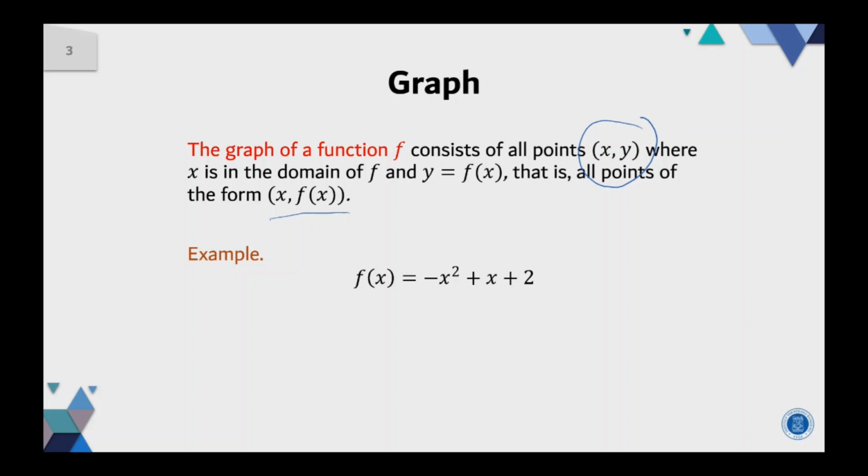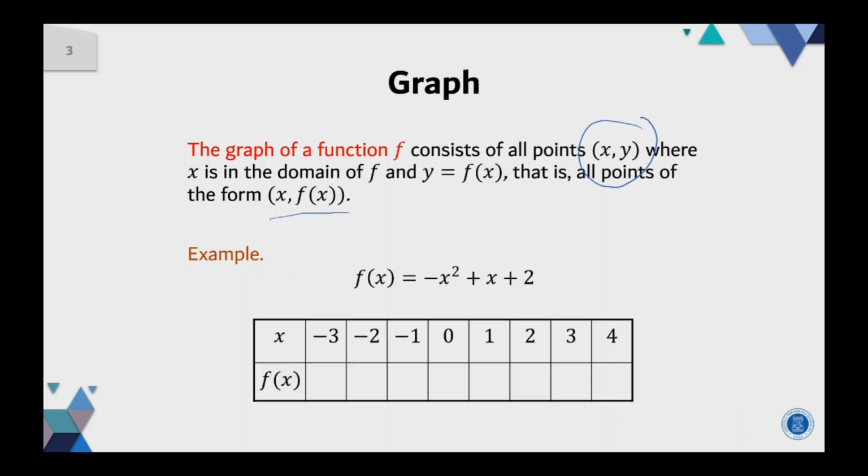Okay, let's see this example. f(x) = -x² + x + 2. This is the function f. And then we try to find out the value of some of the elements in the domain. So here we choose how many? 1, 2, 3, 4, 5, 6, 7, 8 points. Okay, so if it is -3, it will be -10.